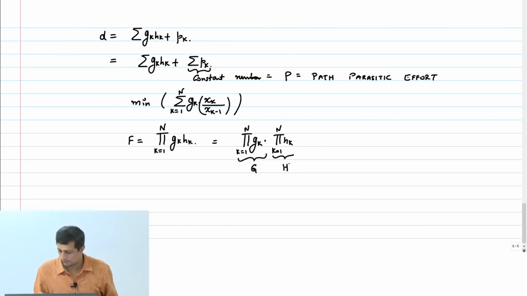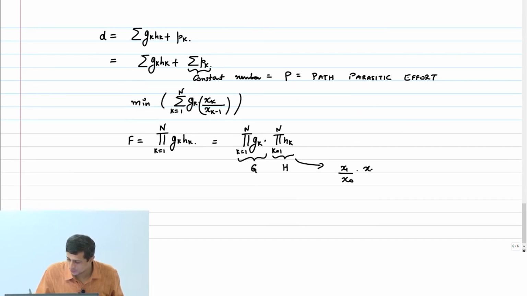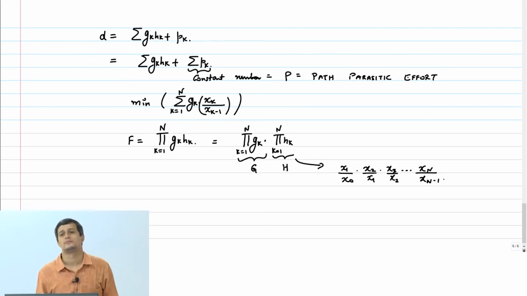What is the path electrical effort? If you expand this and write it, it will simply become x1 by x0 into x2 by x1 into x3 by x2 up to xn by xn minus 1. So what happens? All the variables simply cancel out and you are only left with the ratio of output load capacitance to input capacitance of that path.